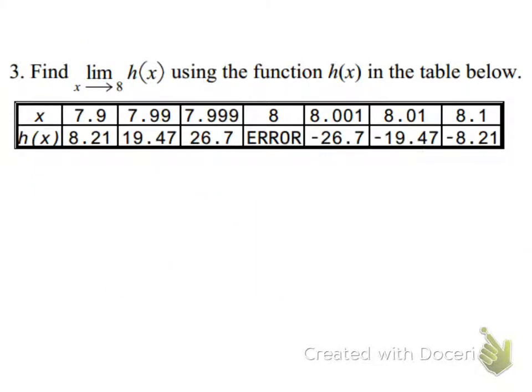Let's look at example number 3. It says find the limit as x approaches 8 of h of x using the function h of x in the table below. So it looks like we're interested in 8 and we're plugging in values of x on the left as well as the right to see what happens.